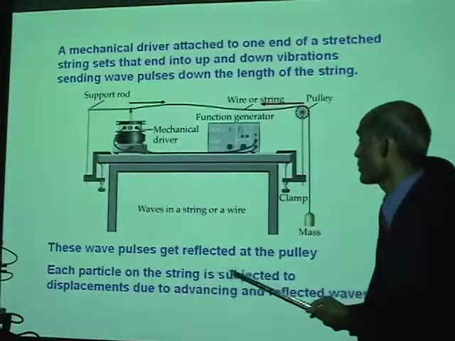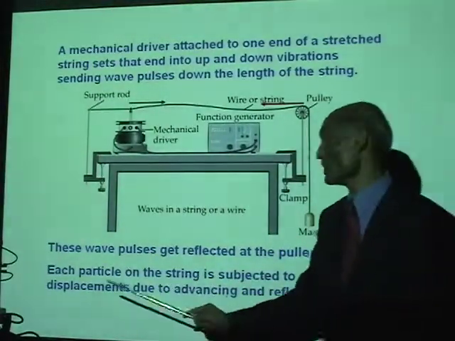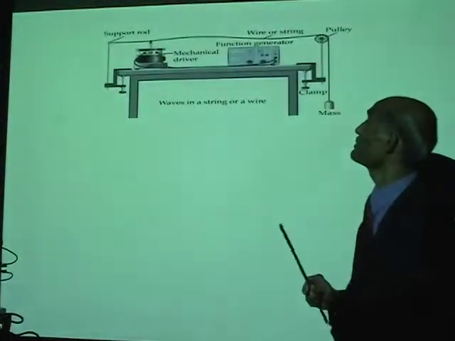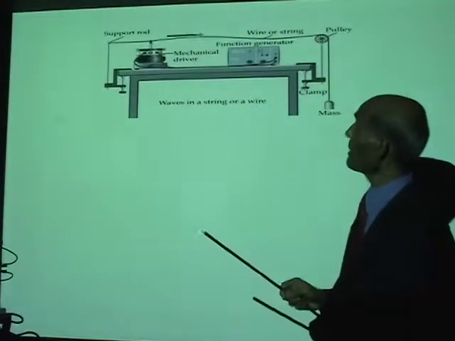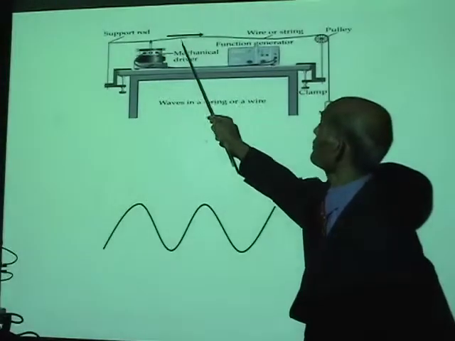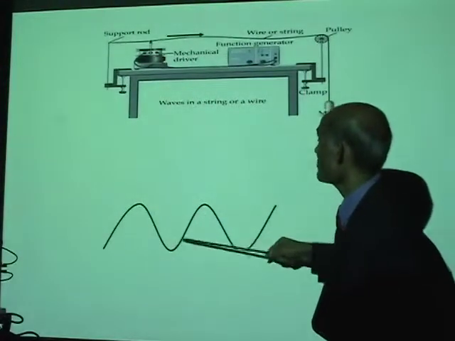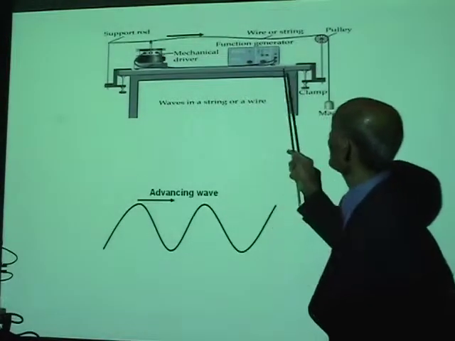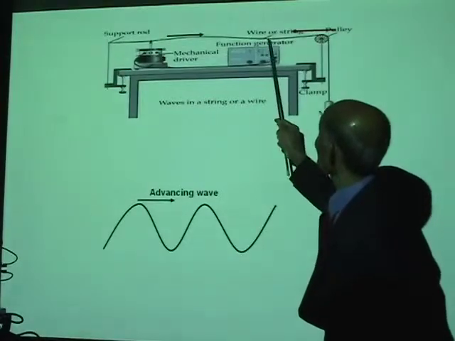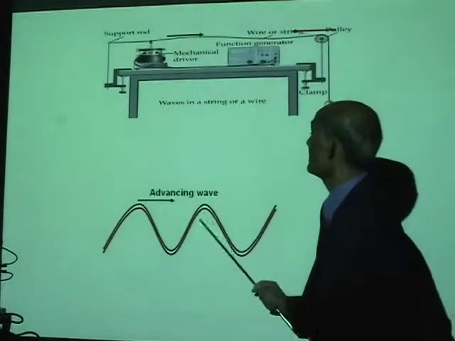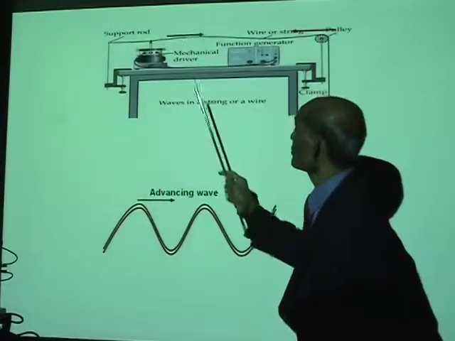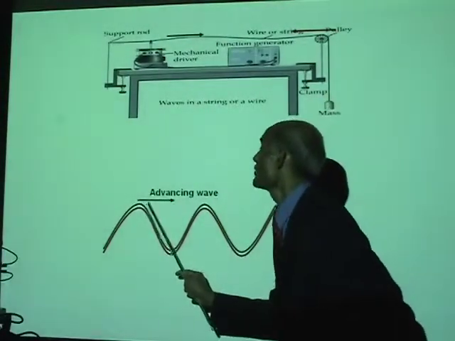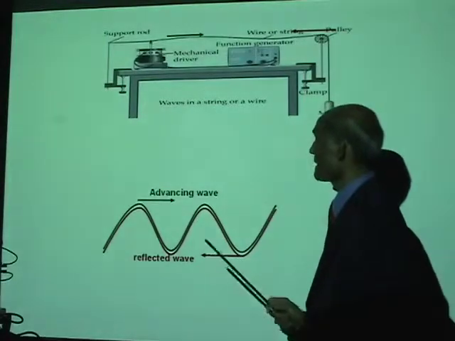Each particle on the string is subjected to displacements due to the advancing wave and the reflected wave. Okay, there is the advancing wave, and I represent that by the green wave. Alright, and now this is the reflected wave, the red wave. So every particle on the string is subjected to the advancing wave and the reflected wave.